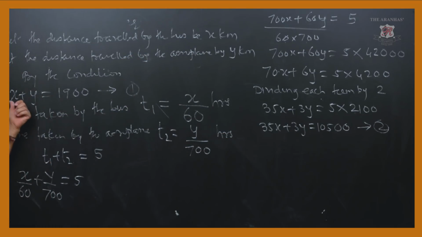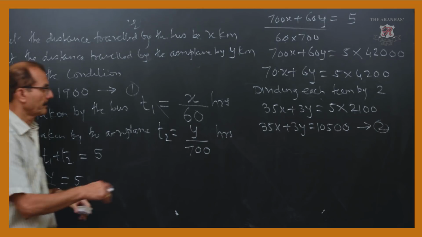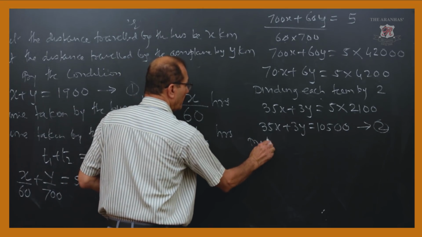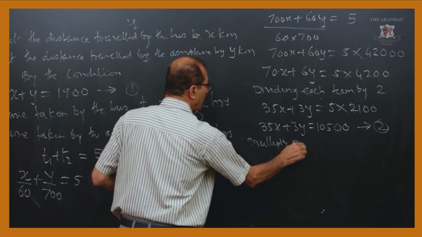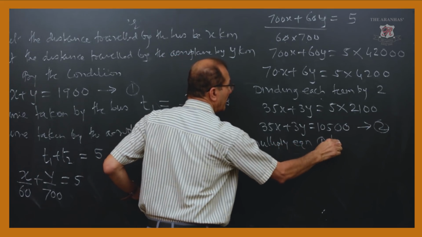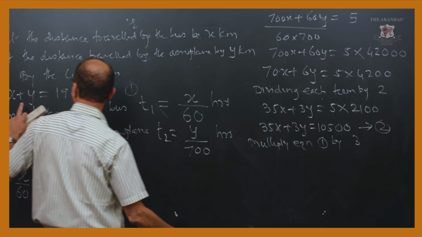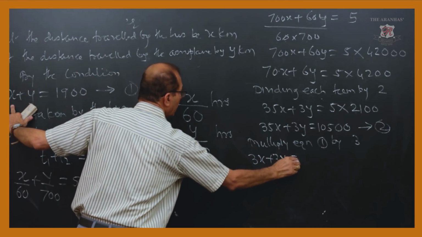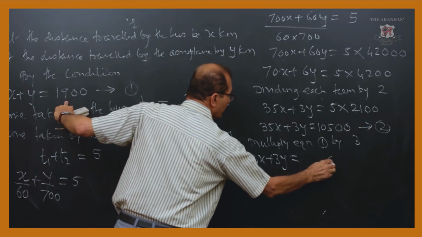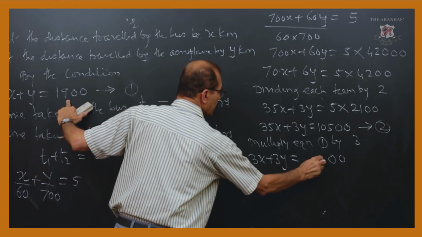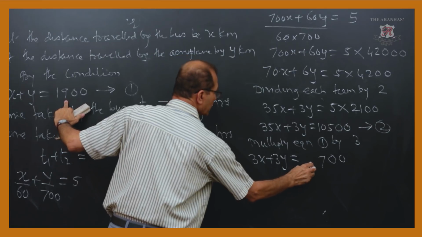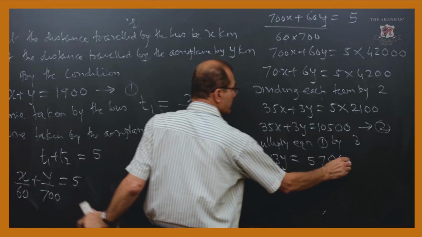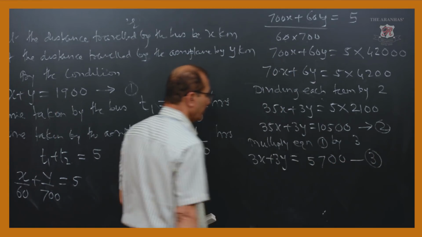So what I will do is multiply equation 1 by 3. What you get? 3x plus 3y is equal to 0, 0, 3 nines are 27, 3 ones are 3 and 1 5. So this is my equation number 3.